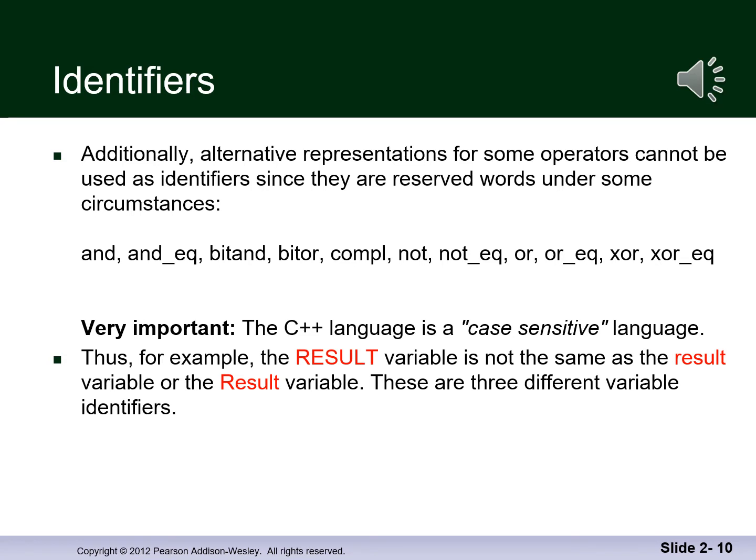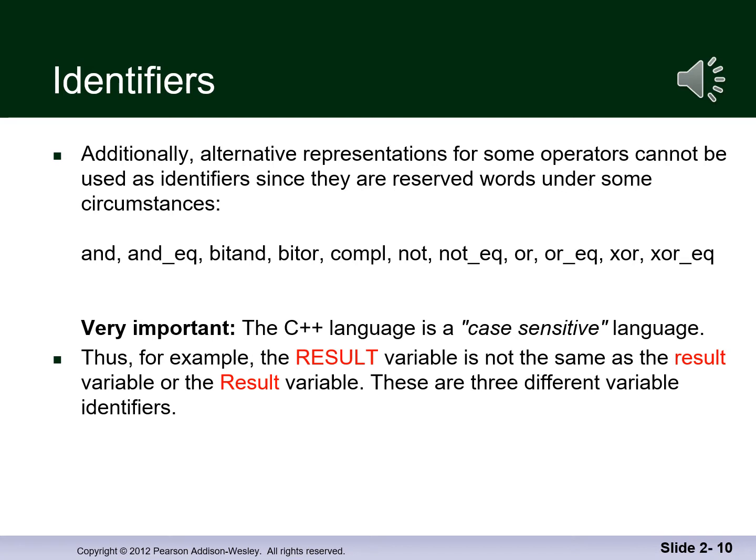Here are some other alternatives that cannot be used as identifiers. These are operators, and one of the things I want to make sure you understand, a very important point, is that C++ is a case-sensitive language.